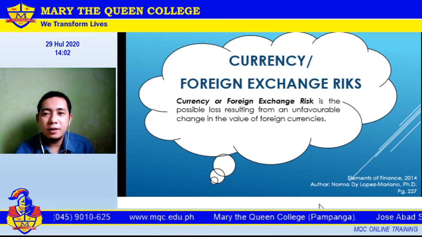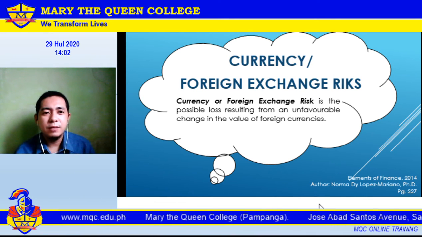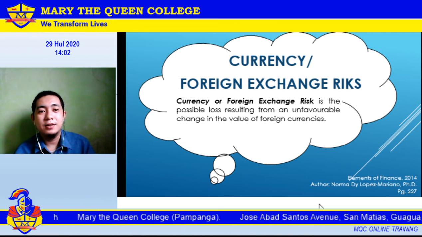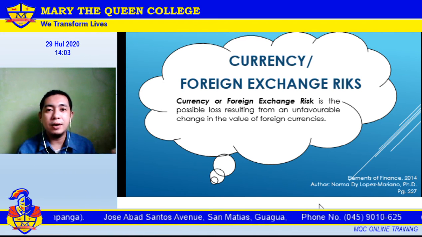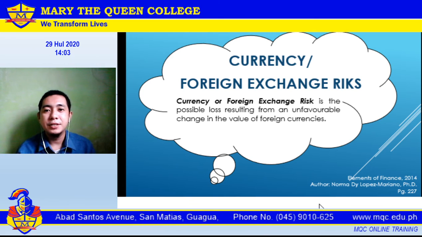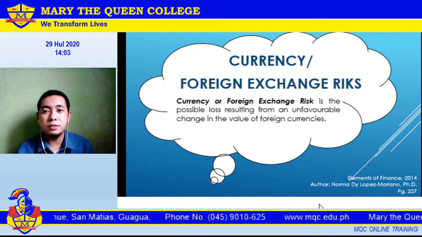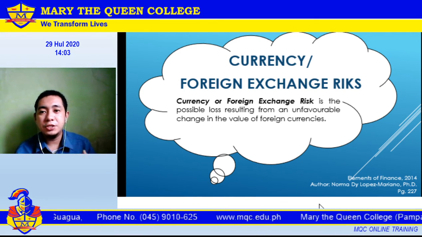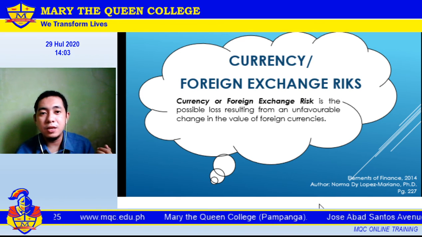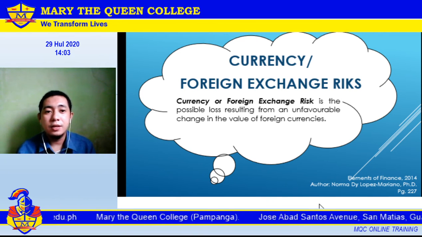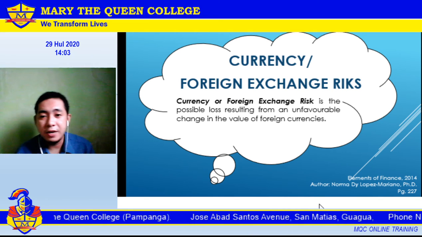Ito pa, currency and foreign exchange risk. Pabago-bago ang palitan ng pera, no? Particularly if we are dependent on the international markets and our suppliers and also our customers, no? Foreign exchange risk also plays a role in the risk management ng financial manager.